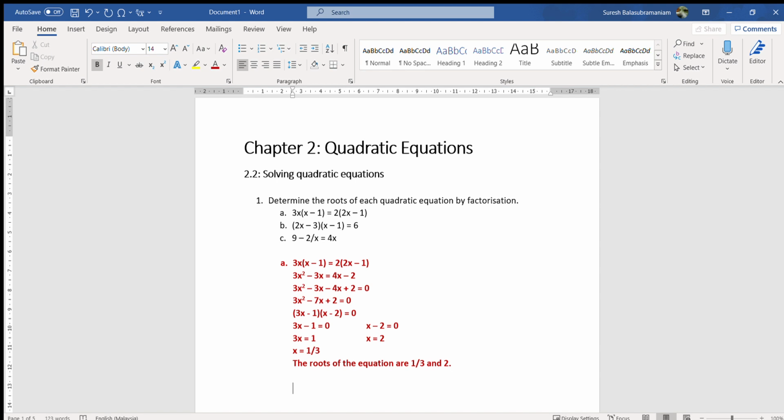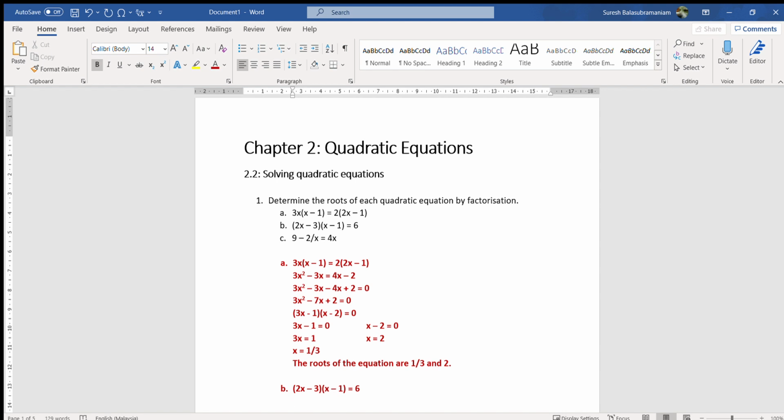Moving on to question B: (2x - 3)(x - 1) = 6. So we multiply the factored quadratic on my left, and after that we bring 6 in, and we get another quadratic equation which we have to factor again.